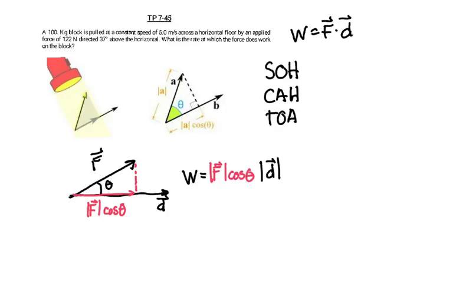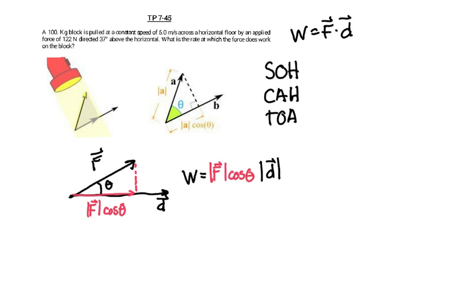And as I write out the work function now, I have the magnitude of my force vector times cosine of theta. So this red element right here represents the component that is parallel to my second vector, multiplied times the magnitude of my second vector.